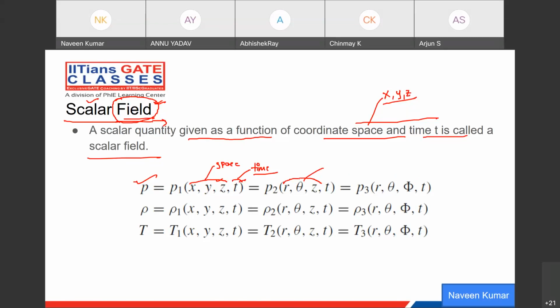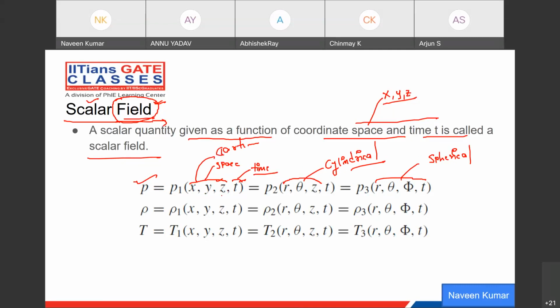In the cylindrical form you define by r, theta, z, and this is the spherical form. These are the Cartesian, cylindrical, and spherical coordinates: x, y, z and r, theta, z.